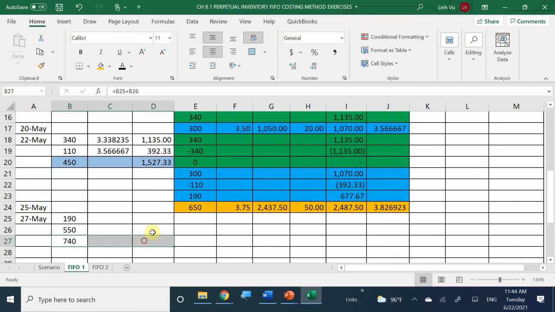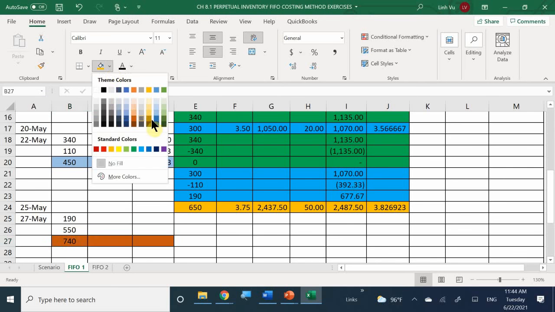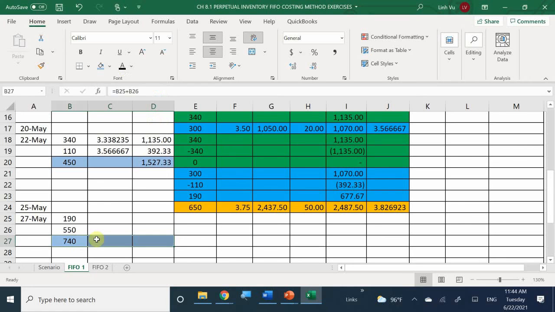And once again, this is for journal purposes only, right? This is what my calculated total is going to be for selling 740 items.